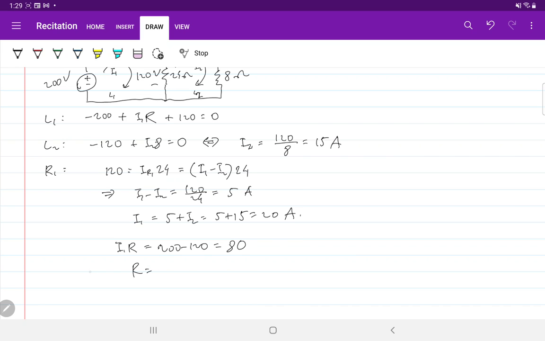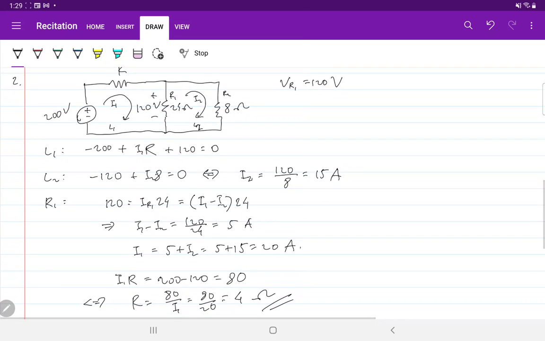So R is 80 over I1, 80 over 20, which is 4 amps. Sorry, R is a resistor, so it's not amperes, it's ohms. Okay, so the resistor there is 4 ohms.